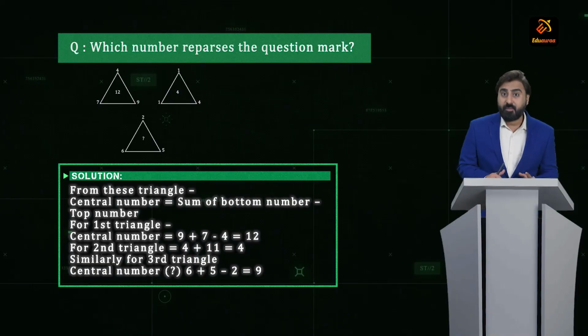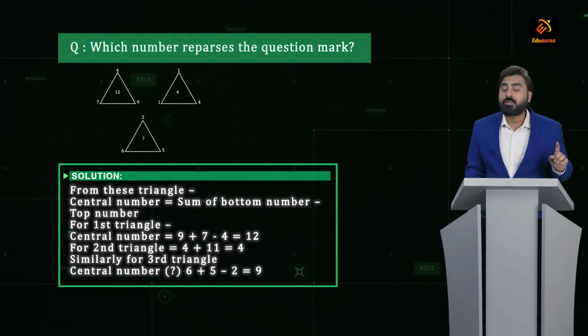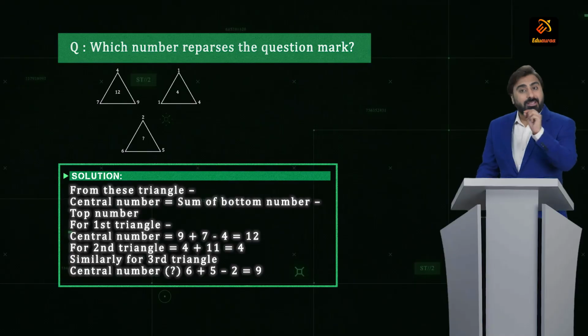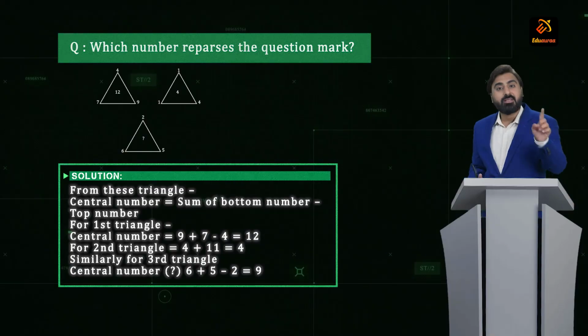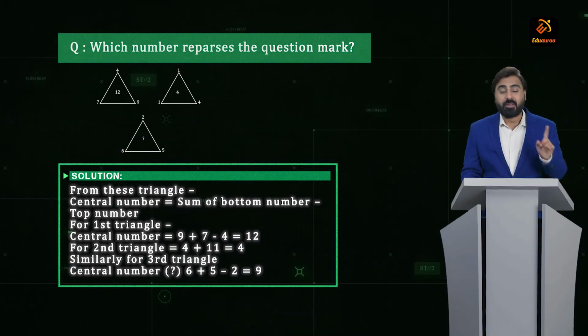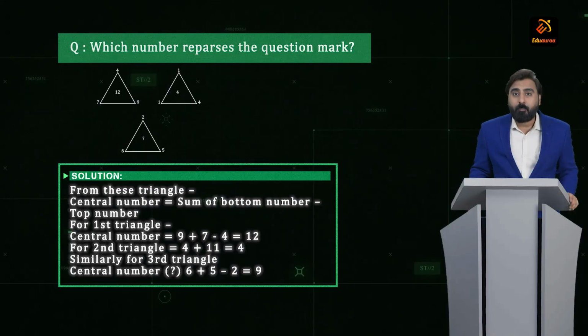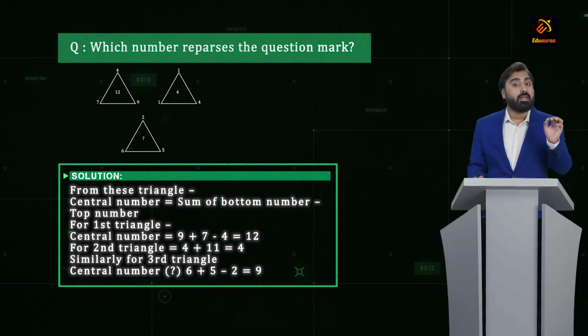It is 5. Subtract the 1 which is at the top. What is the number? It is the number which is inside the triangle. Similarly, for the third triangle, when we add 6 and 5, we get 11. Subtract that 2 which is at the top. What is the number you get? It is the number which is required, that is 9.